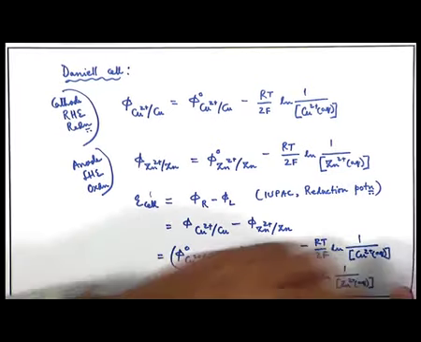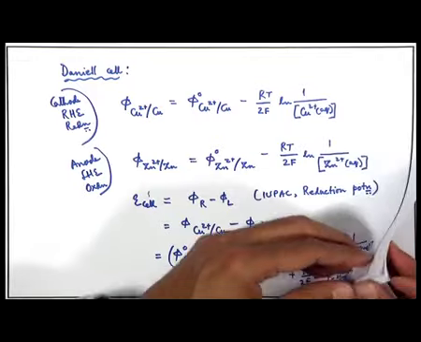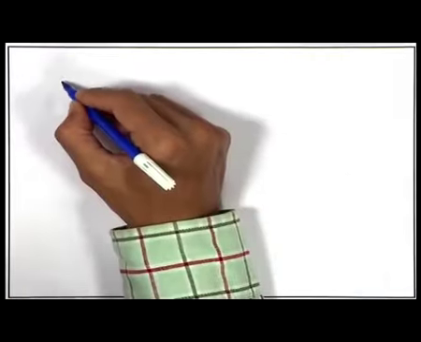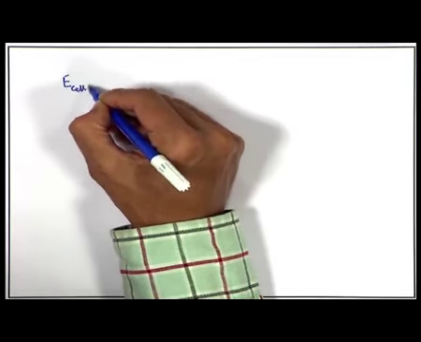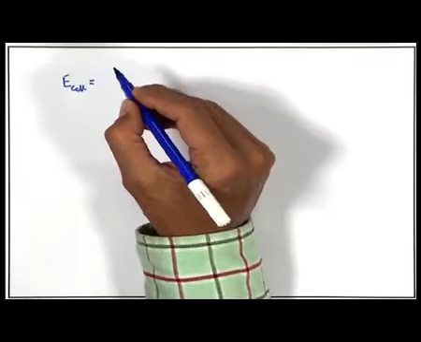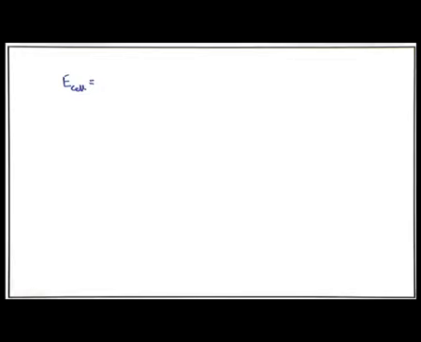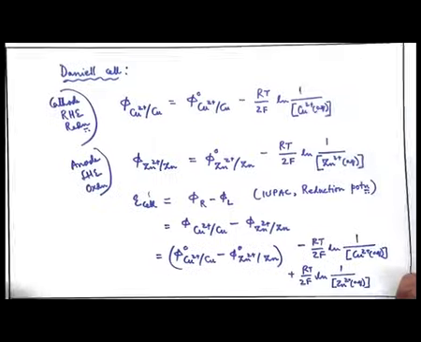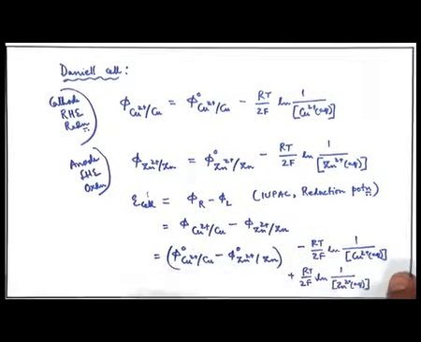So, together, you can write E cell equal to this one and then this one.